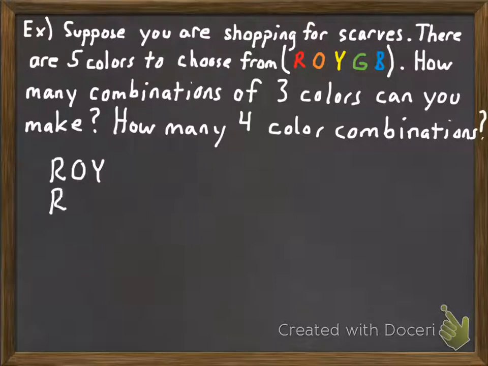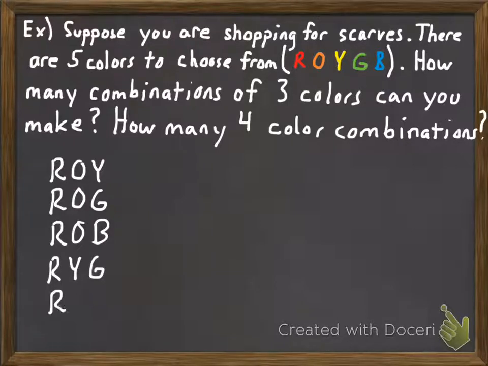I could also make red, orange, green, and red, orange, blue. That's all the combinations with red and orange. So let's make all the combinations with red and yellow. We've already combined red and yellow with orange. We still need to combine red and yellow with green, and red and yellow with blue.